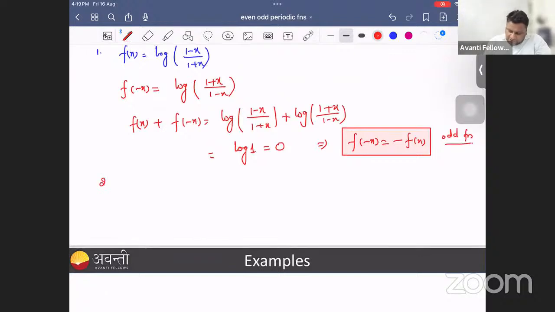Another example, if you see, f of x equals log of under root of 1 plus x square plus x. All right, you try it once. I again give you 1 minute.